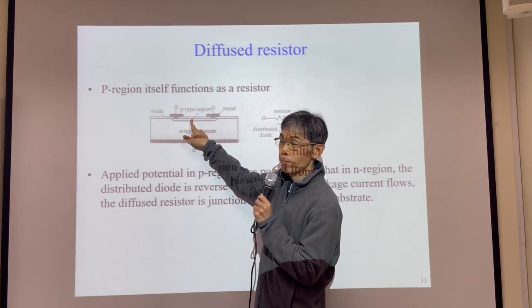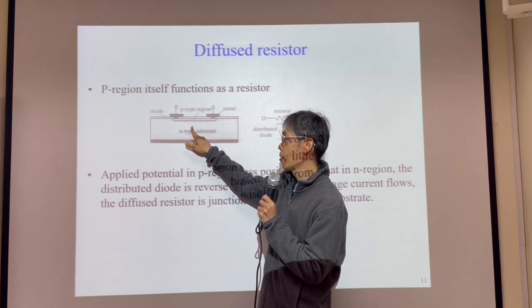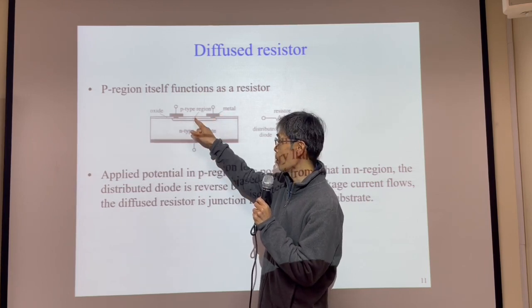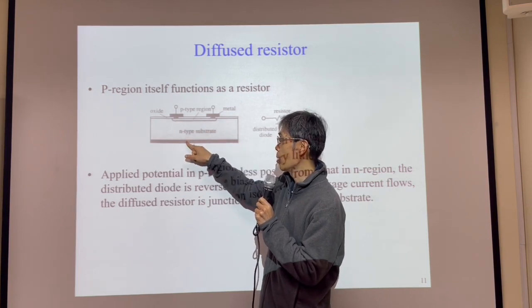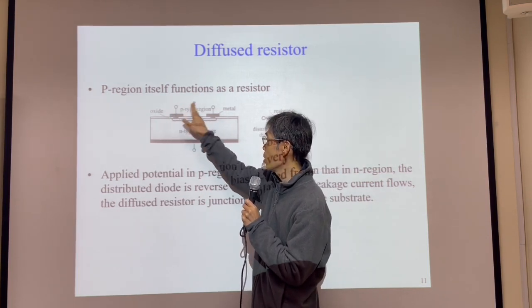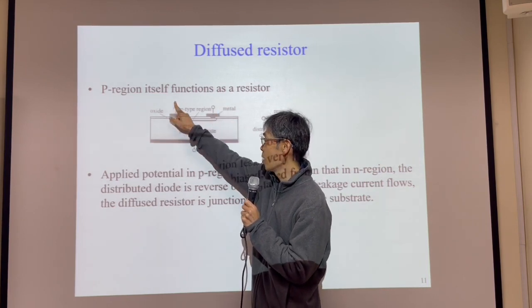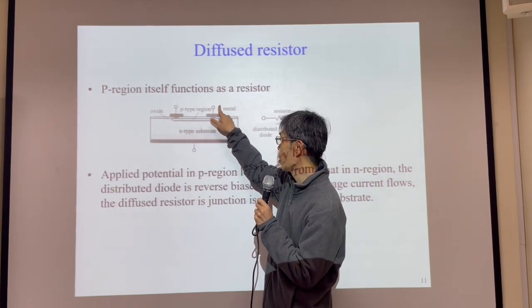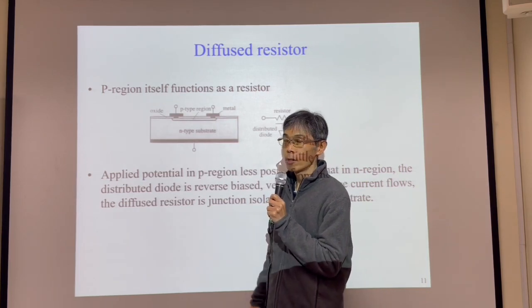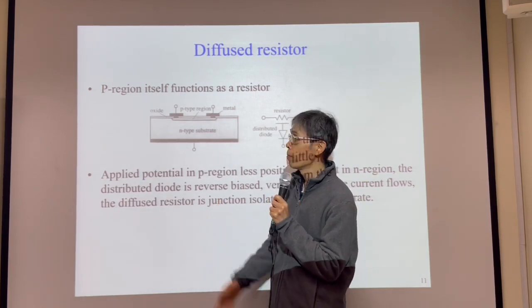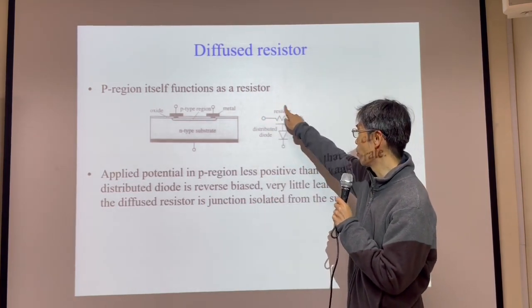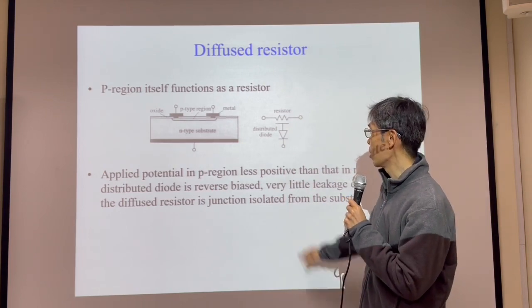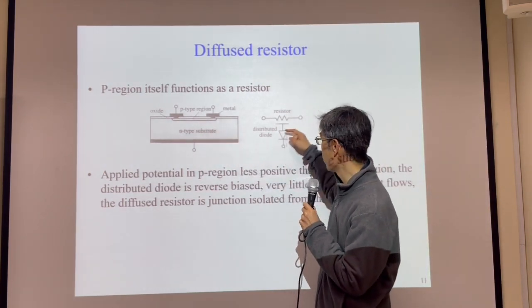Remember, if we don't have a very large potential across the PN junction, no current goes through it. So if we put a potential here, say ground, the current will go this way. So this is just a wire with resistance, so this is a resistor. Resistor symbol here, and the diode here, the PN junction.